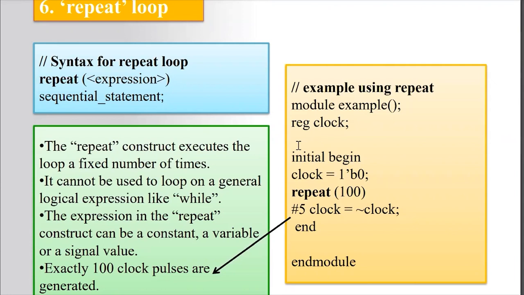And initial block is non-synthesizable, and we can only use this in test benches, not in design. Always block is synthesizable, and it is used in designs and test benches also. Okay. Good. So initial is only used in test bench, and always can be used in both design and the test bench.